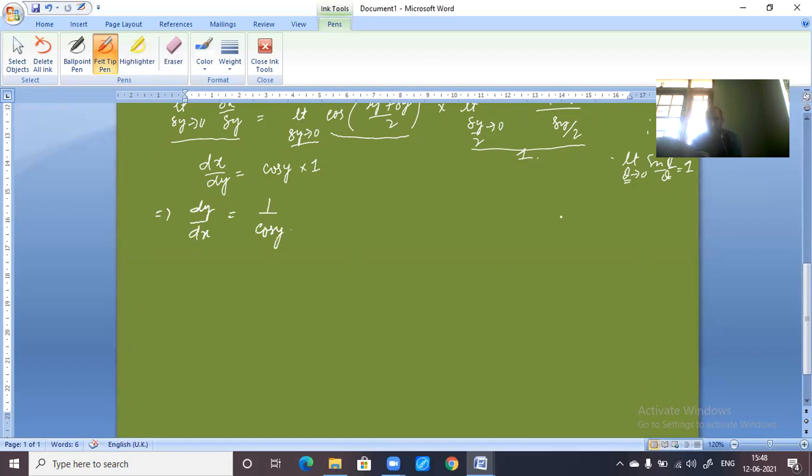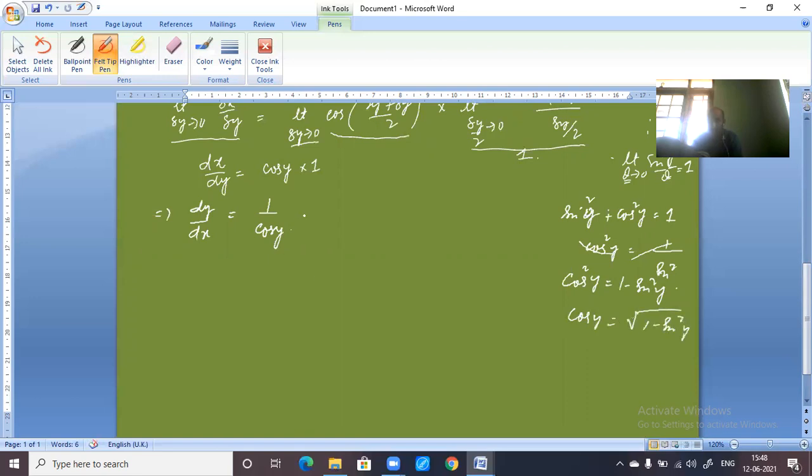But you know that sine square y plus cos square y is equal to 1. So I can write cos square of y is equal to 1 minus sine square of y. So I can write cos of y is equal to root of 1 minus sine square of y.